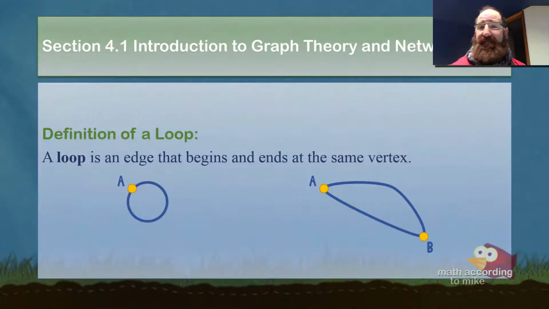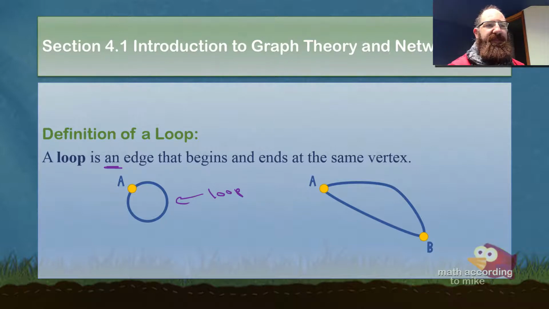Okay. Next term. A loop. A loop is an edge that begins and ends at the same vertex. You have to read carefully in this chapter. An edge. And how many edges does that imply? 1. So the graph on the left, that is an example of a loop.